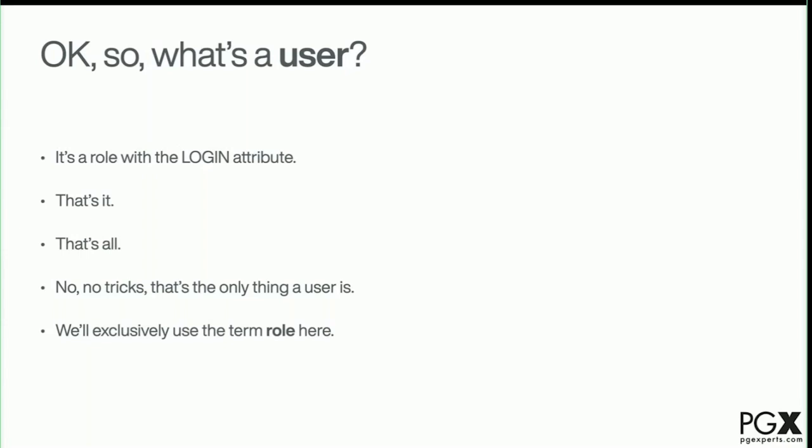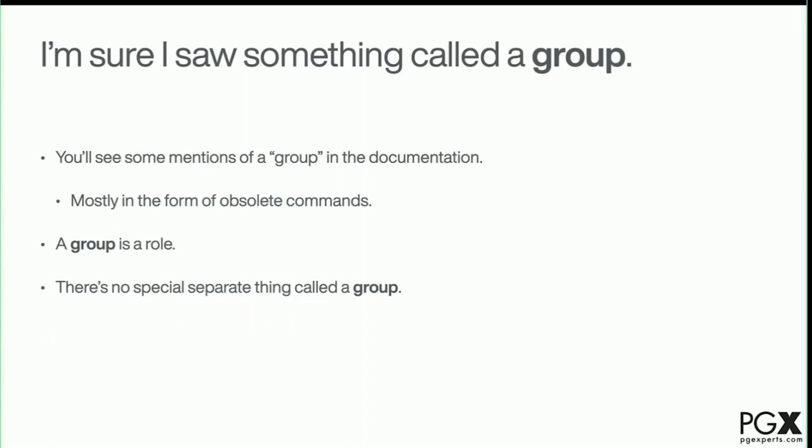So anytime the word user slips in, just think role. Unfortunately, Postgres is not 100% consistent about this, so there are some places where it uses user that it really means role. And you'll also occasionally see things called a group, like there are obsolete command forms that have the word group in them. A group is just a role. There's no special separate thing.